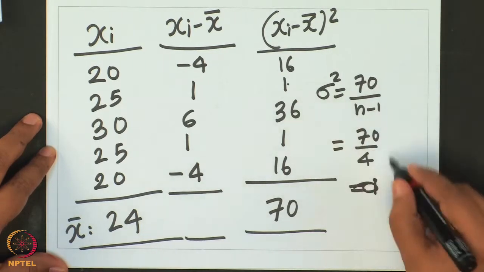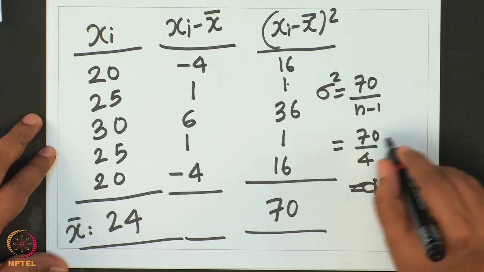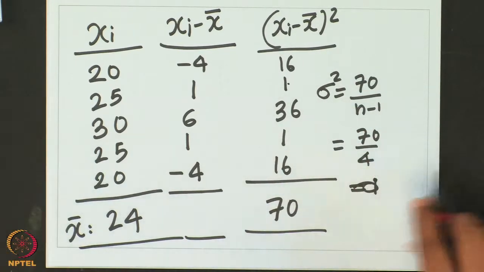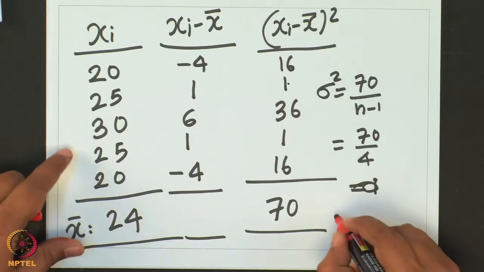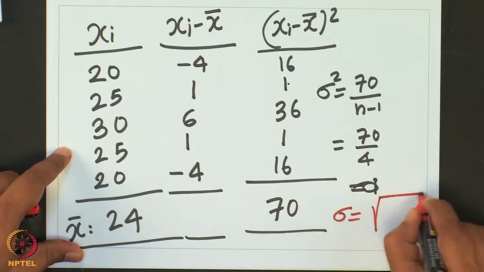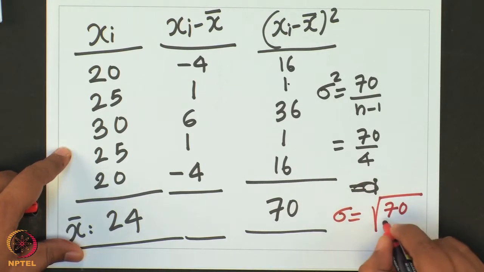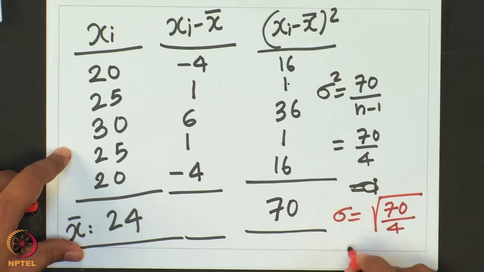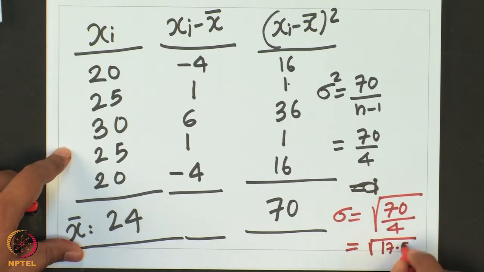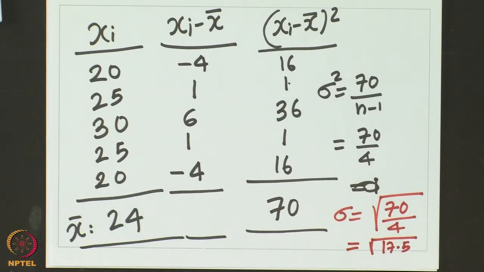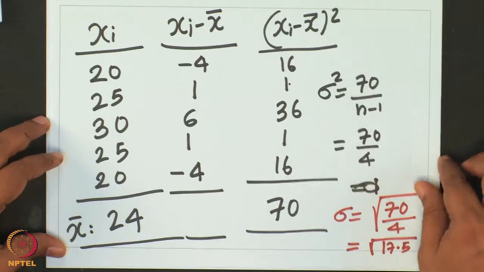So whatever this quantity is, 70 divided by 4 would be sigma square, and the root of this, root of 70 divided by 4, would be sigma. Root of 70 divided by 4 is root of 17.5. So the standard deviation is approximately 4 point something.